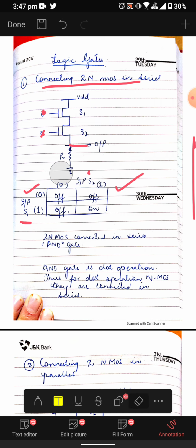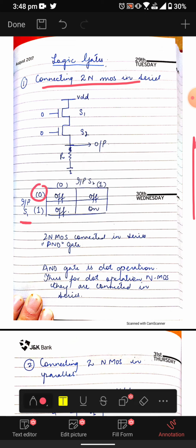Then what happens if one of the transistors is turned on? Say I'm giving 0 at S1 and at S2 I'm giving logic level 1. This will be off and S2 will be on. But because S1 is off and it is connected in series, what will we get at our output?